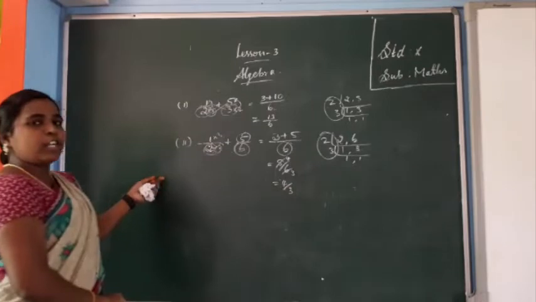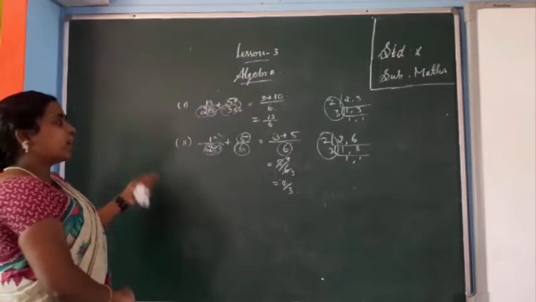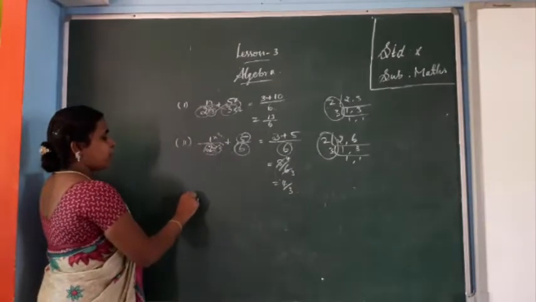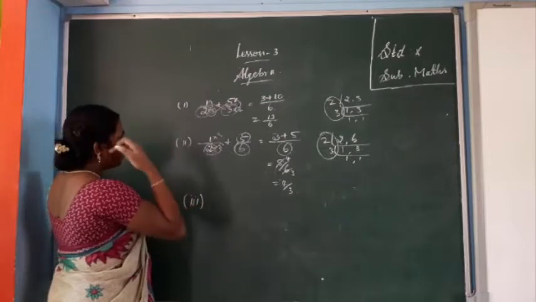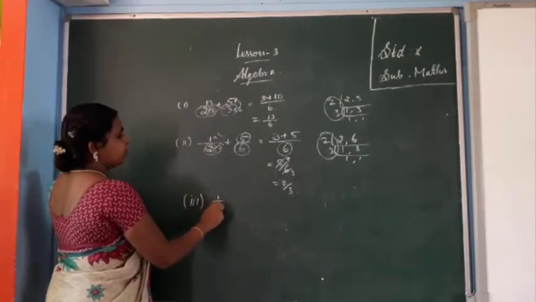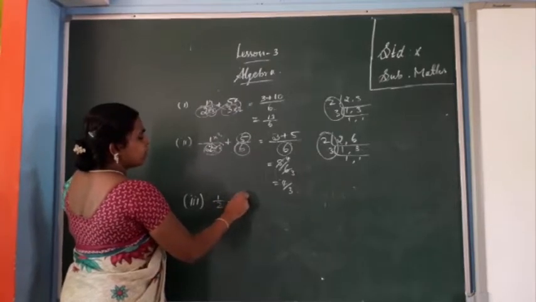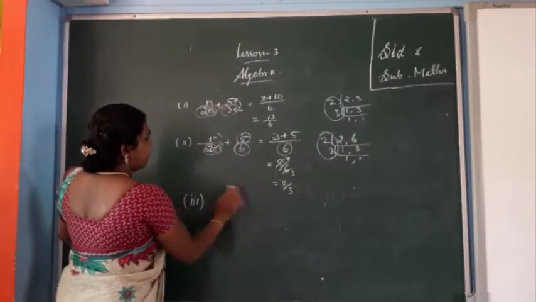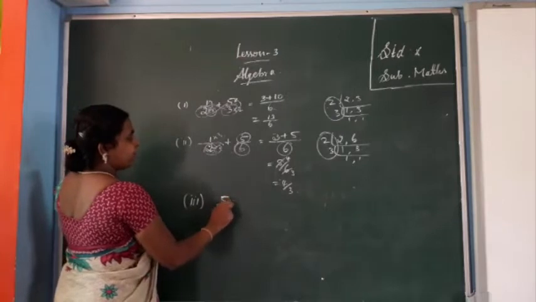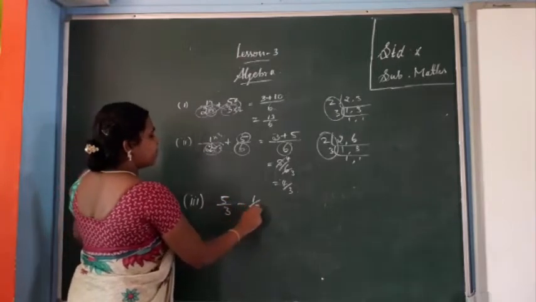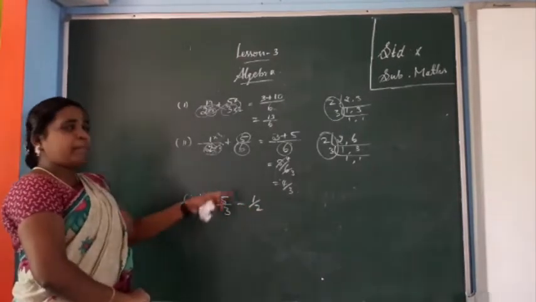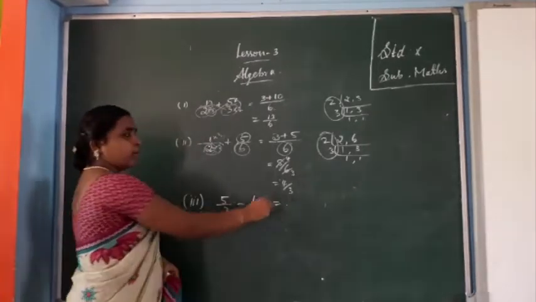The same method you have to follow for subtraction also. Okay. So for subtraction, one problem you can see: 5 by 3 minus 1 by 2 equals, now you see.